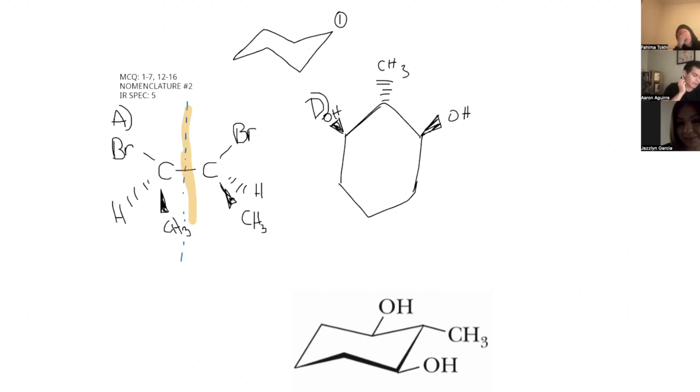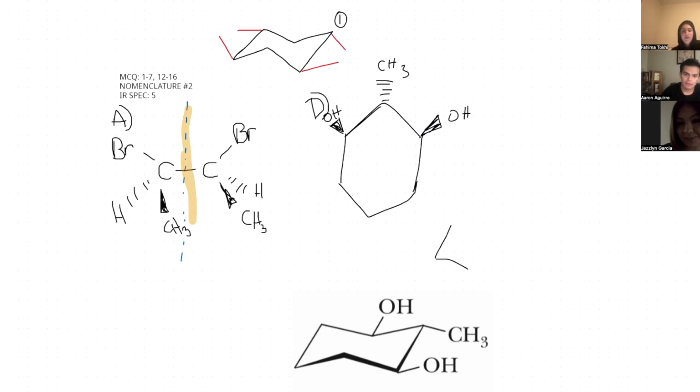Something can be up or down axial, or up or down equatorial. So how do you know if it's up equatorial? This is facing up, so this is up equatorial.